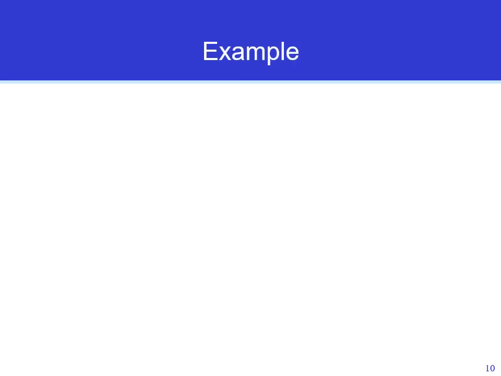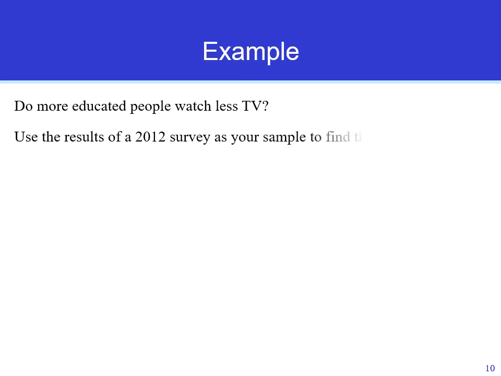Let's see the next example. Do more educated people watch less TV, or fewer hours of TV? Use the results of a 2012 survey as your sample to find this out. We have sample data, an Excel file based on a survey conducted in 2012. The data is available on our course page, and it shows samples of data for two variables.